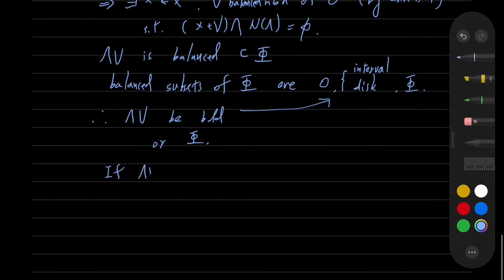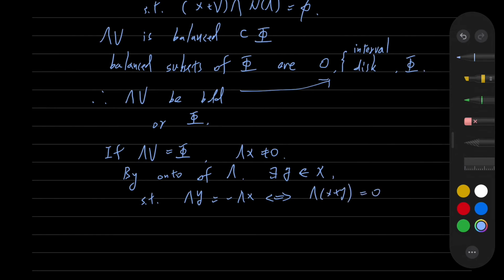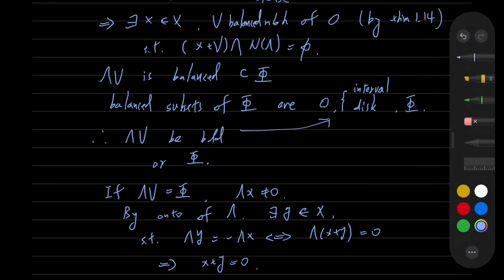So if lambda V is equal to the whole scalar field, and we know that lambda x is not 0, then by the surjectivity of lambda, there exists y in the space such that lambda y is minus lambda x, which is equivalent to saying that lambda of x plus y is 0, which implies that x plus y is in the null space, which contradicts the condition over here.